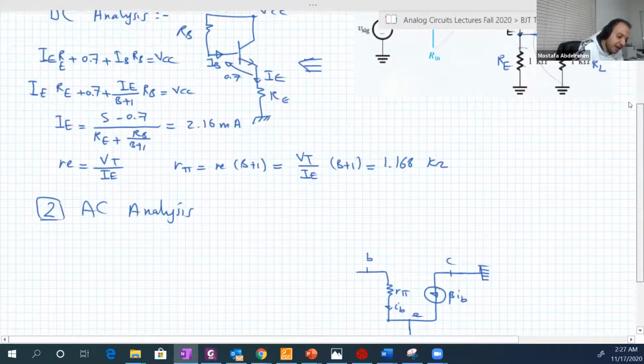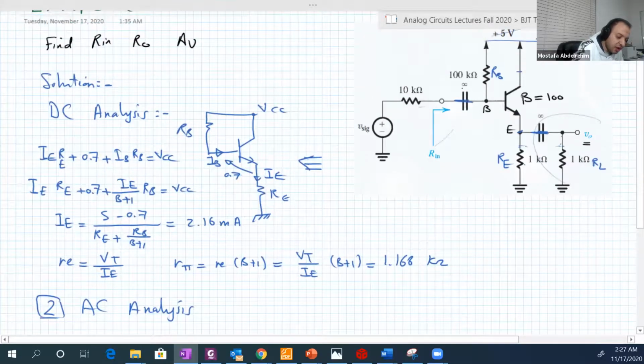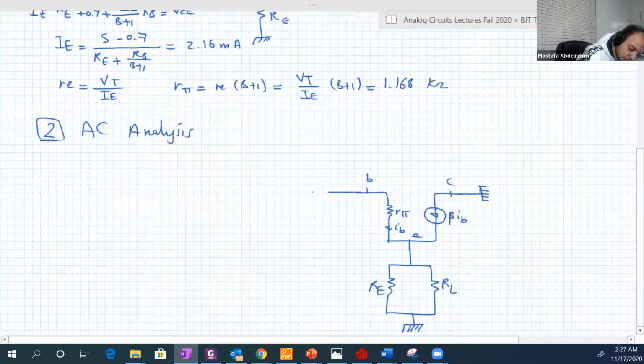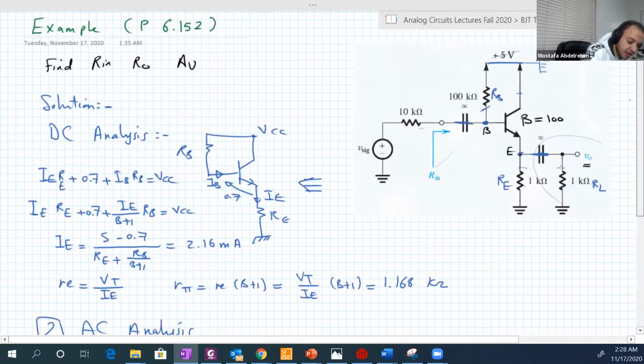And finally, the base is connected to the ground through two branches here. Between the base and the ground, you have this RB. And the other branch is R signal and V signal.